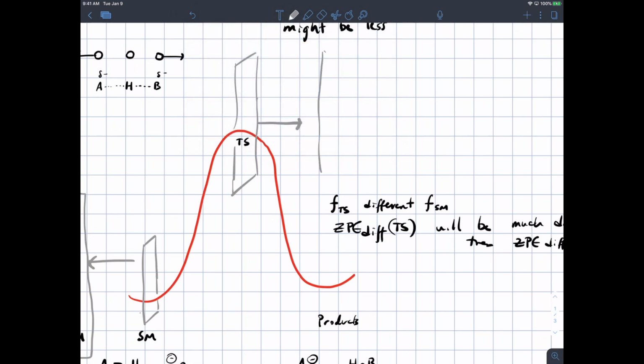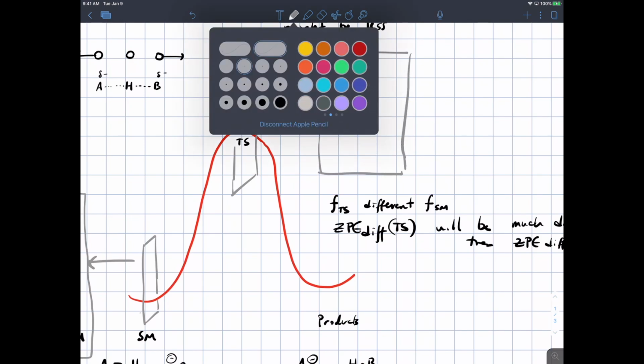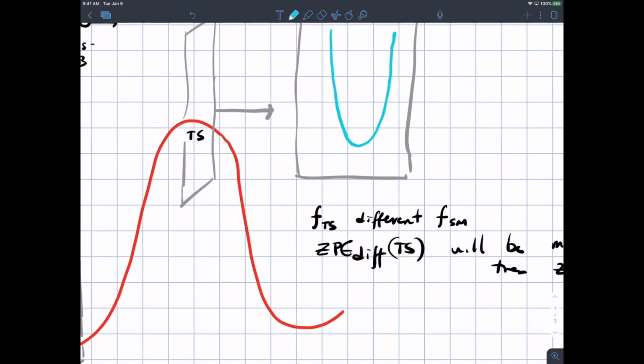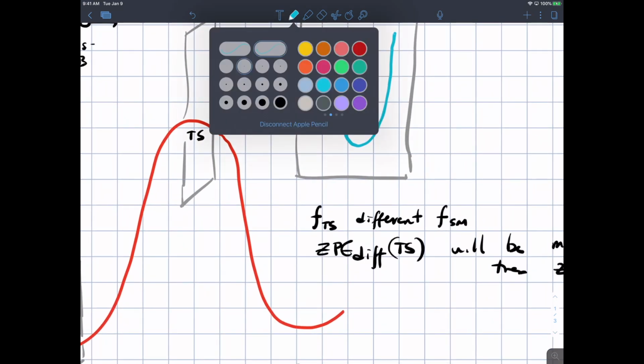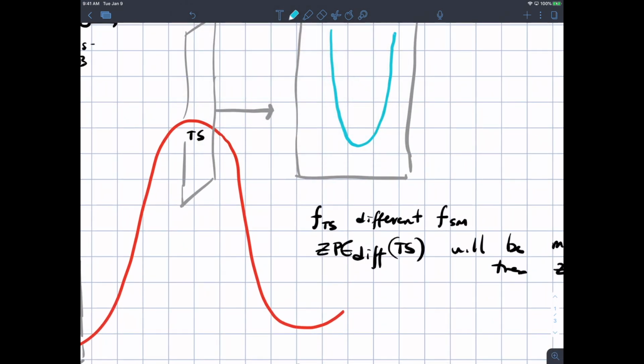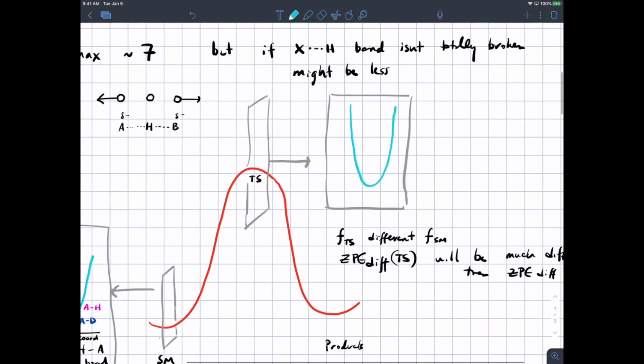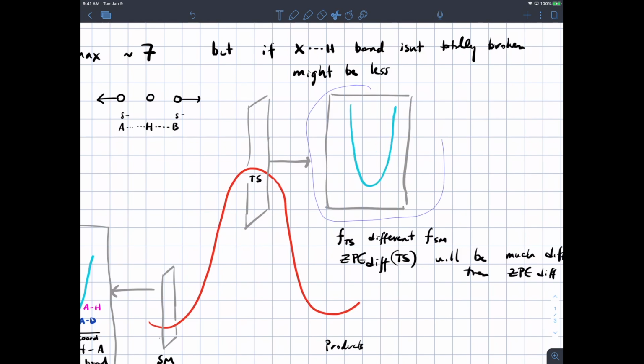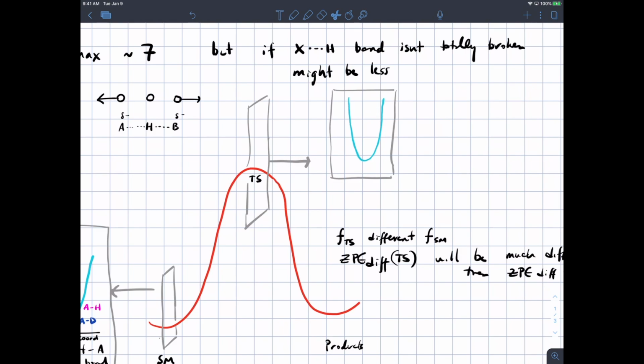So again, we're going to take a cross-section. Again, we're going to draw a potential energy well that represents this symmetric stretch vibration, which is the one that develops newly in the transition state. And I think I wanted this to be roughly right here.